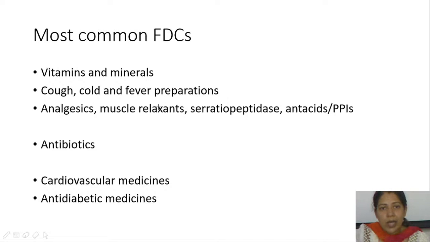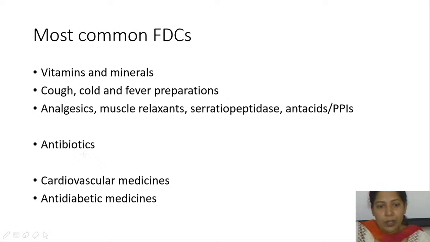Where a muscle relaxant is required, analgesic may not be required. Serratiopeptidase evidence is not conclusive on their efficacy. It only adds to the cost of the preparation. Antacids should be prescribed on a SOS basis unless the NSAIDs are to be prescribed for a long duration of period. Then you could add PPIs to the regime on and off.